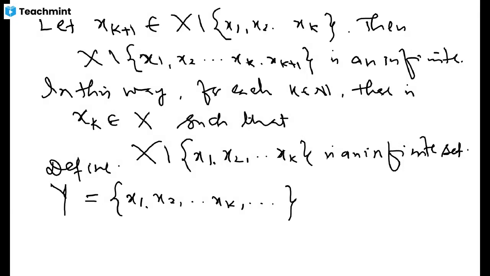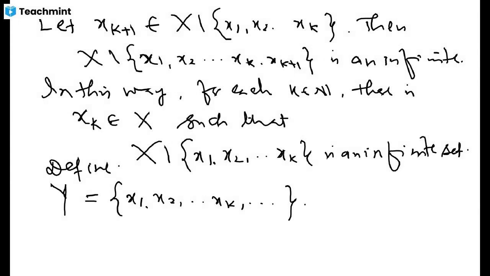Once we establish Y as an infinite set whose elements are in the form of a sequence of distinct elements, which follows from the construction of this set, then from the previous theorem it will follow that Y is a countably infinite set and a subset of X. This will establish that the infinite set X contains a countably infinite set.